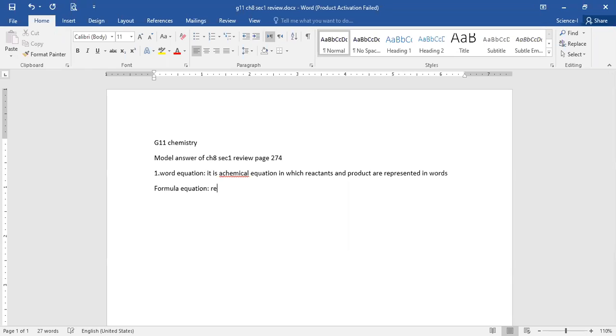That means reactants and products of a chemical reaction are represented by chemical formulas, symbols.